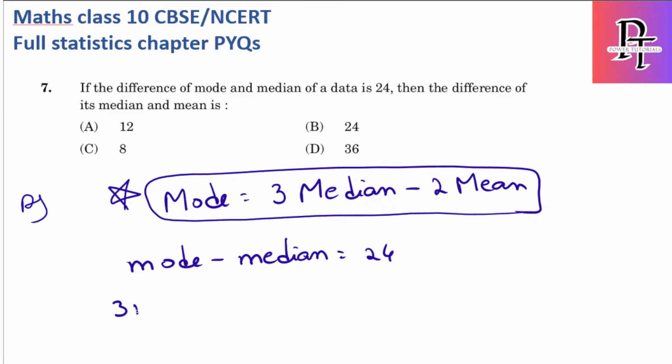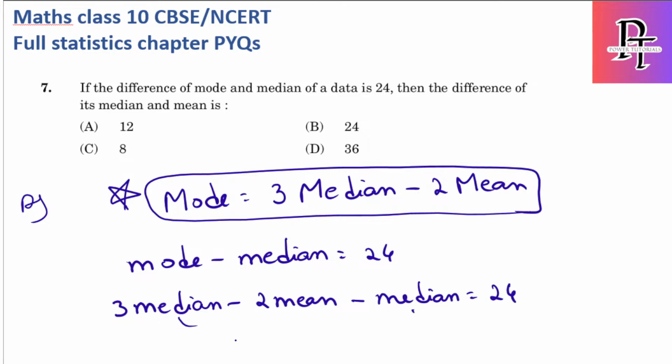So 3 median minus 2 mean minus median is equal to 24. 3 median minus median becomes 2 median, so 2 median minus 2 mean is equal to 24.